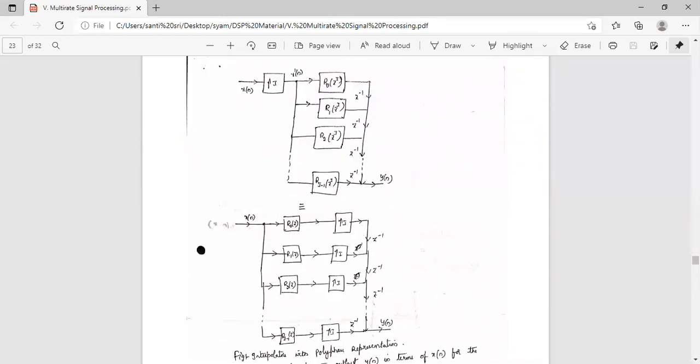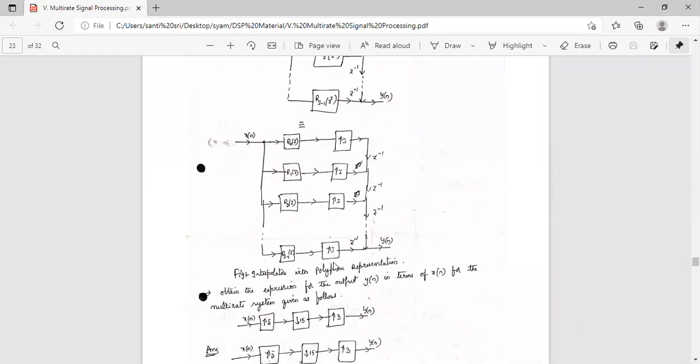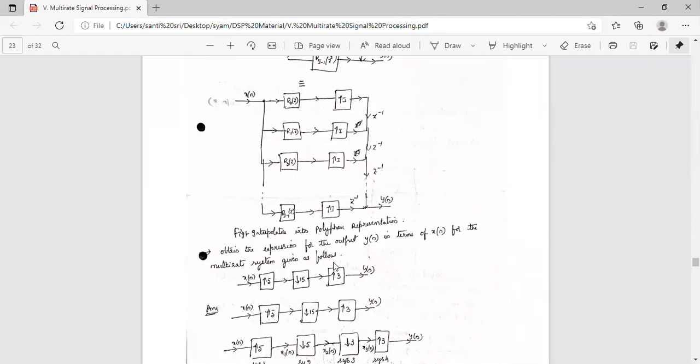This is the interpolator's polyphase representation.